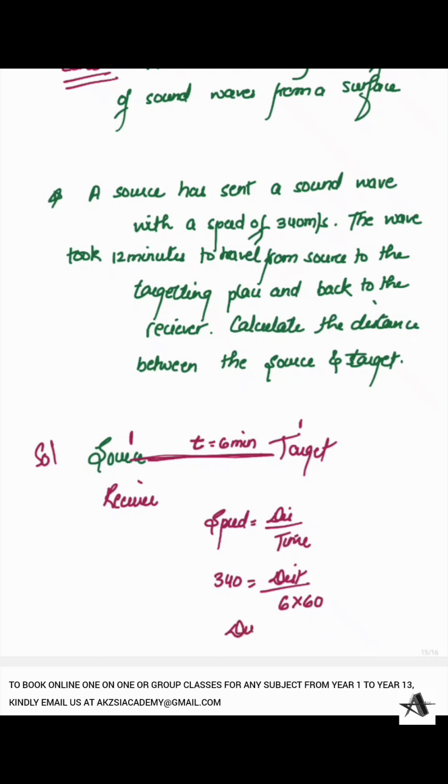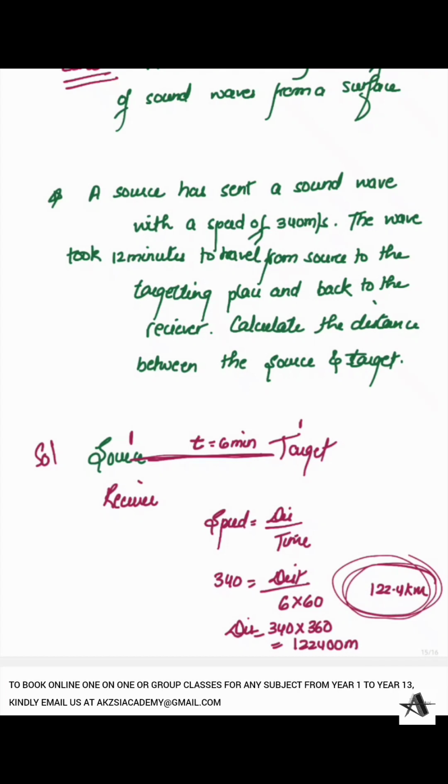So distance will be 340 into 360, which is 122,400 meters, or in kilometers it would be 122.4 kilometers. So this is how you can calculate it.